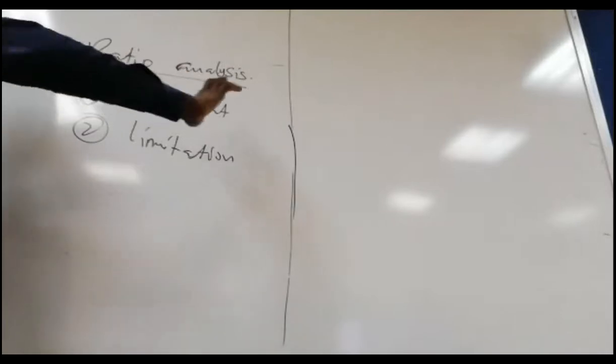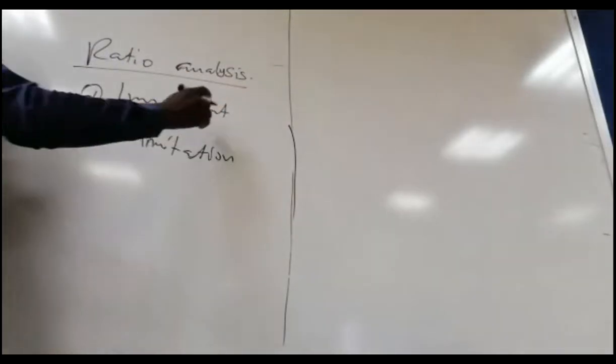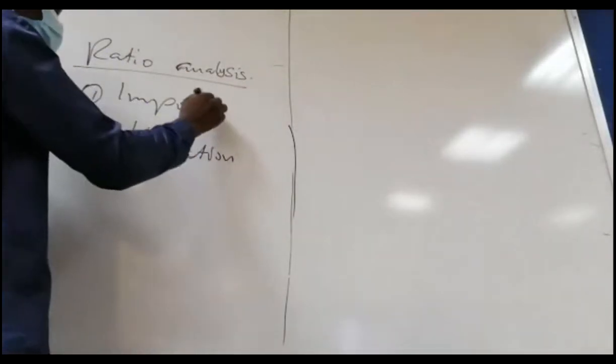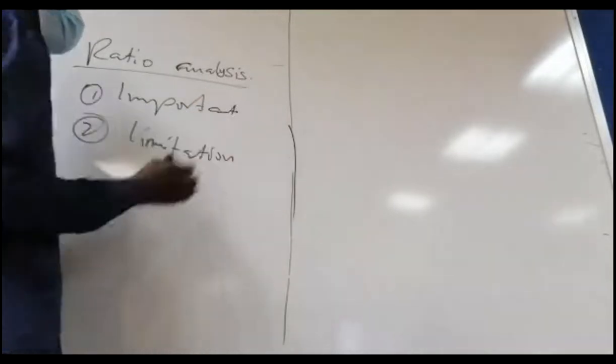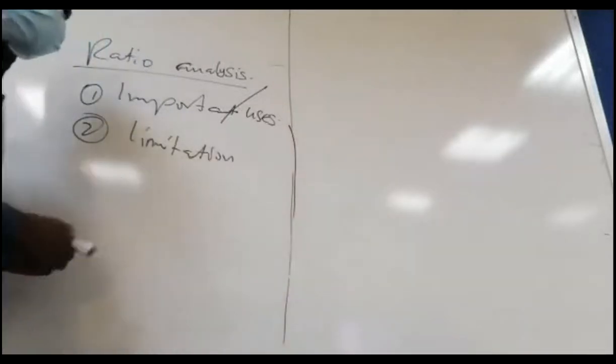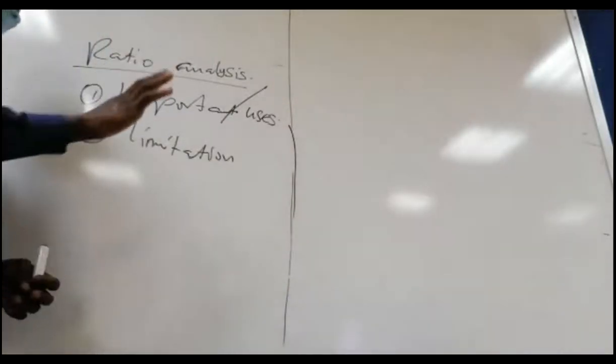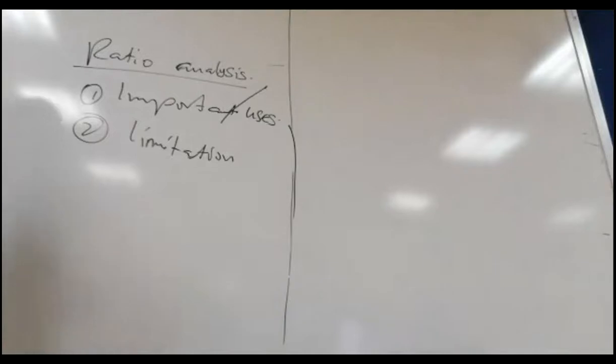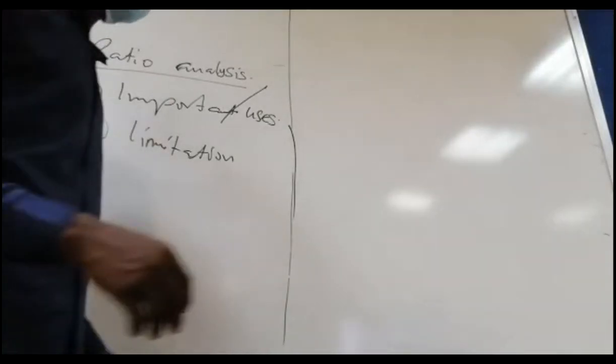So if you are looking for the importance of ratio analysis or uses of ratio, if you know the five key ratios, you can use them as points. And you can add other ones, which I will explain further after the five main.